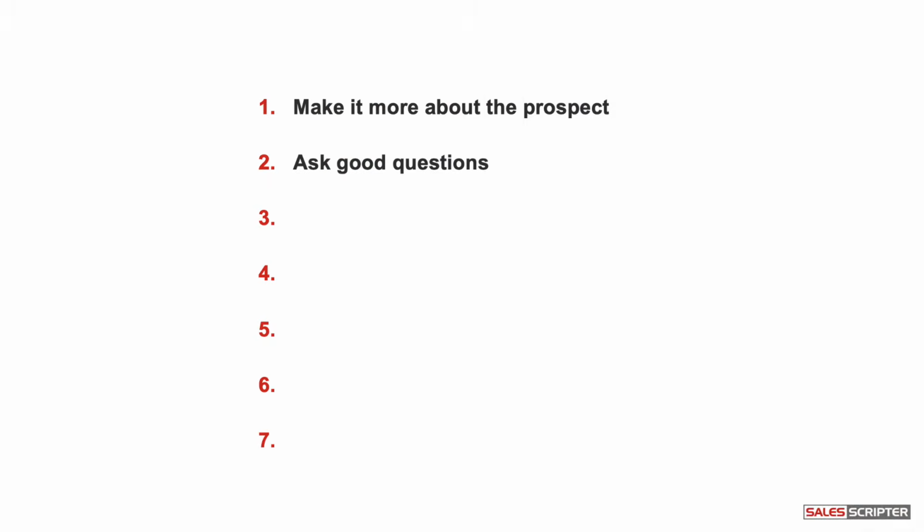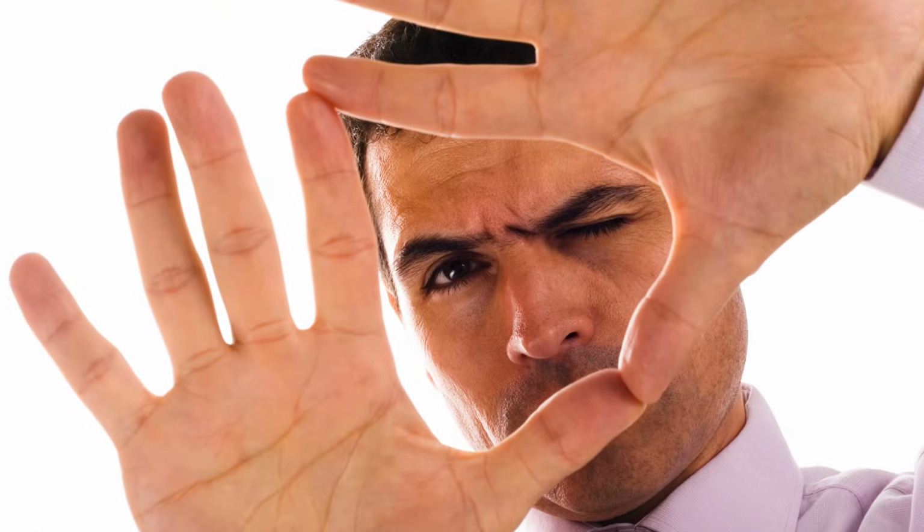And the next tip is to get prospects talking about the challenges they are having. And you don't want to get the prospect talking about all of their different challenges. You want to get them talking about the challenges and pain points that are specific to the area where your product or service fits.